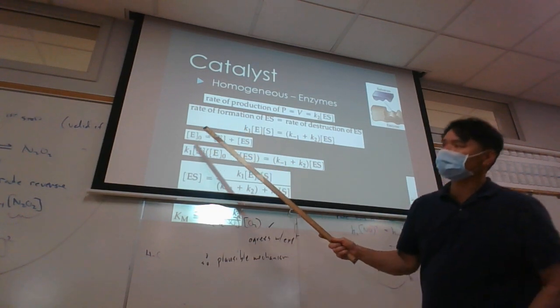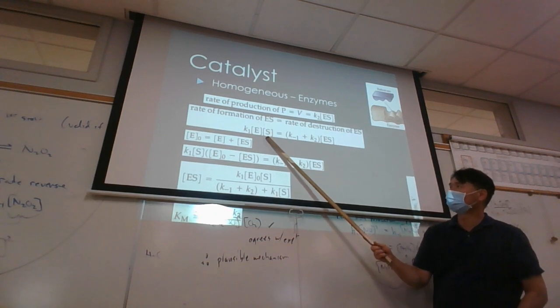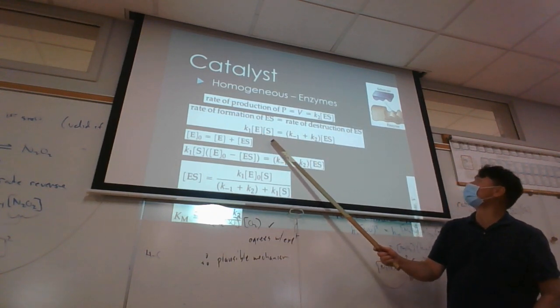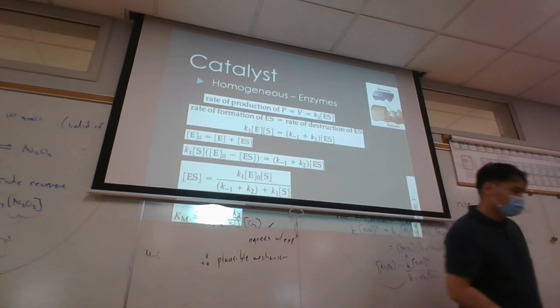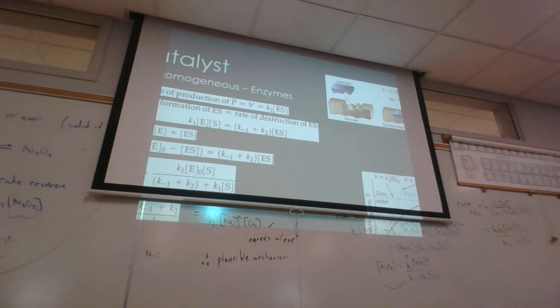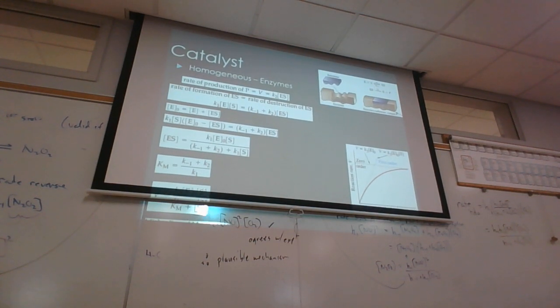In the steady state approximation, we say that the rate of formation of intermediate is equal to the rate of consumption or destruction of intermediate. And so how's the intermediate formed? The intermediate's formed in step one here.